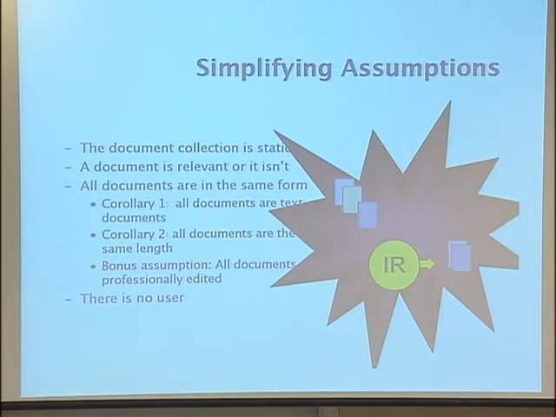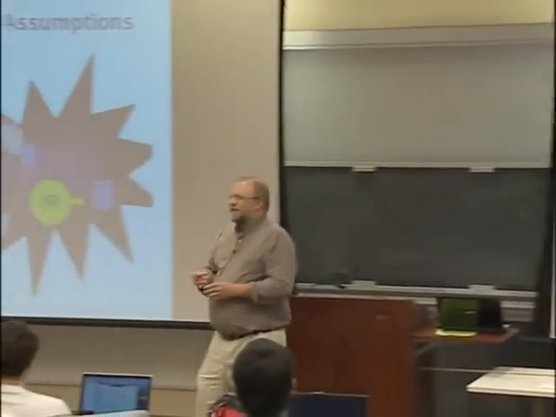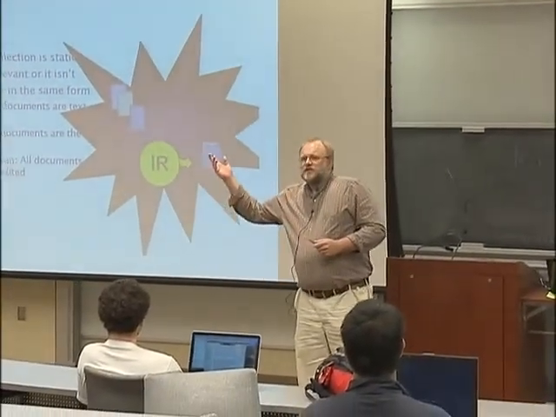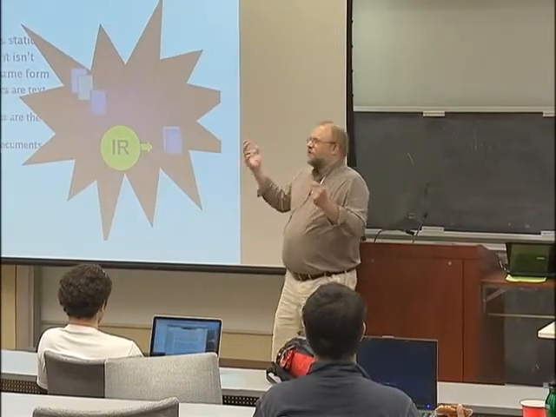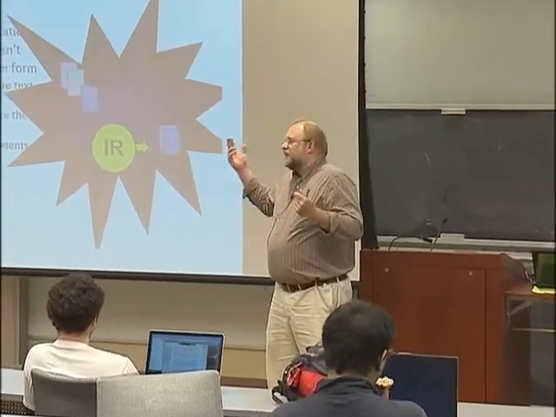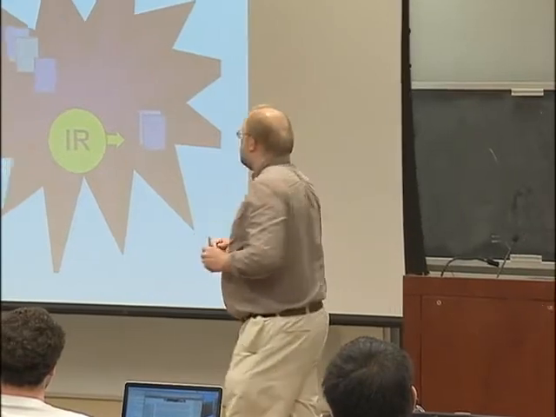You have a document collection. You have some IR system, and what I'm not showing is the information need. You get rid of the user, but you still have a statement of information need. So if you think of Google, what is the statement of information need? It's the 1.3 words that the person types in to try to get back documents. That's the statement of information need.